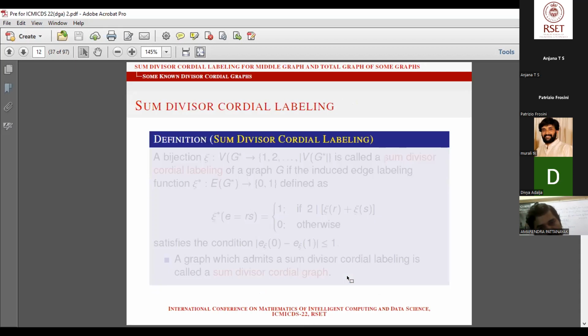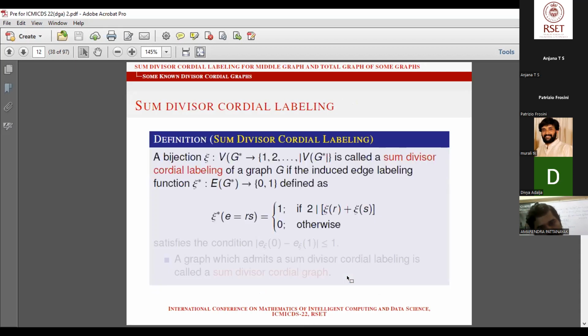This is the definition of sum divisor cordial labeling. A bijection f from V(G) to {0, 1, ..., |V(G)|} is called a sum divisor cordial labeling of G if the induced labeling function f* from E(G) to {0, 1}, defined as f*(e = uv) equal to 1 if 2 divides f(u) plus f(v), otherwise 0, satisfies the condition that the total number of edges having label 0 and having label 1 differ by at most 1.